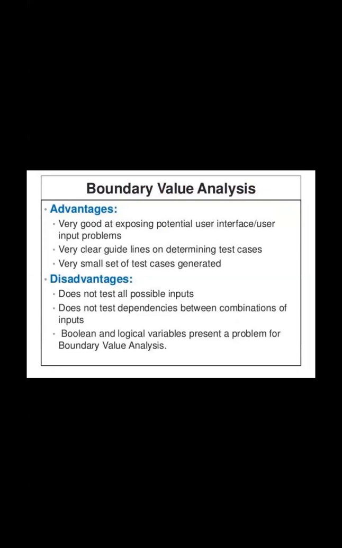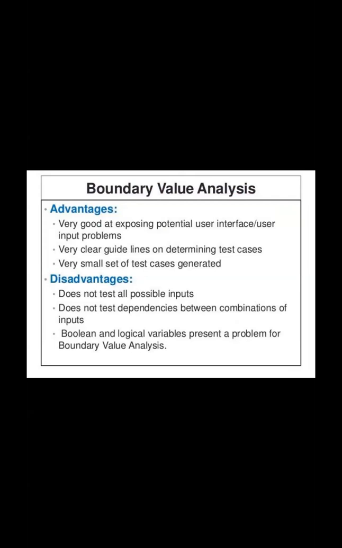The major advantage of boundary value analysis is that it is very good at exposing potential user interface and user input problems. By checking the boundary values, we can identify whether the user interface is working perfectly or not. It gives very clear guidelines for determining the test cases, and a very small set of test cases is generated to check the boundary conditions.